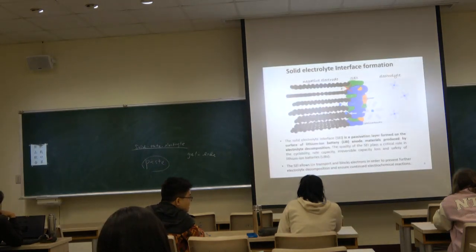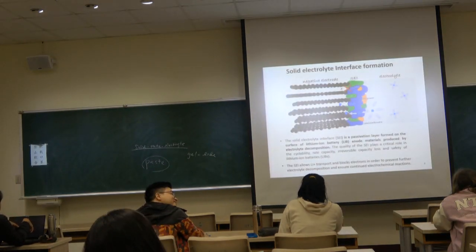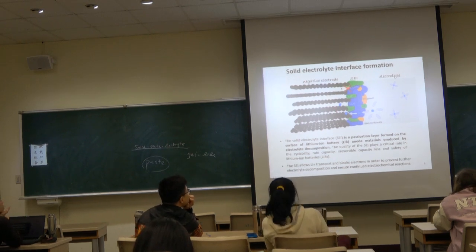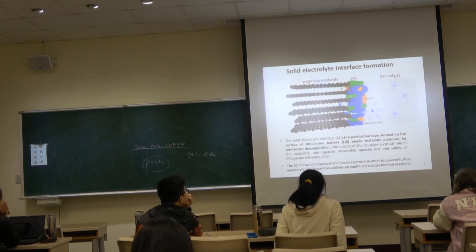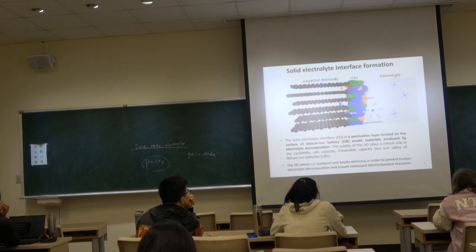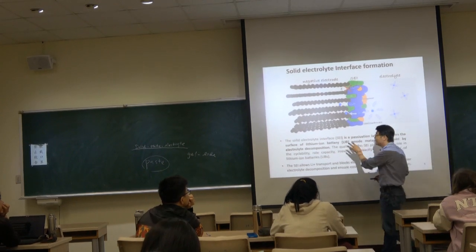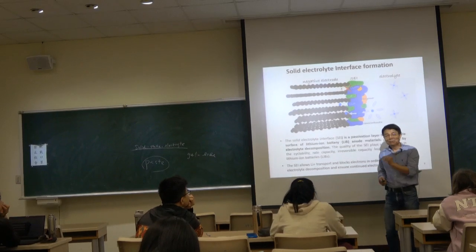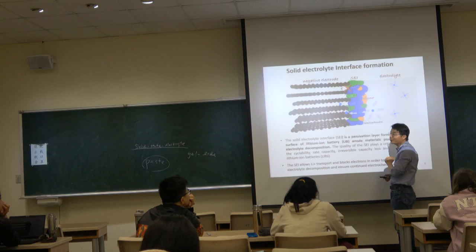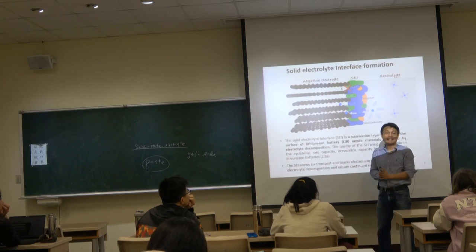So one of the many important issues is the solid electrolyte interface. What is the solid electrolyte interface? Let's take an example of the negative electrode, and here is the electrolyte. So we call this a solid electrolyte interface, because these materials react with the electrolyte and then form a solid state.